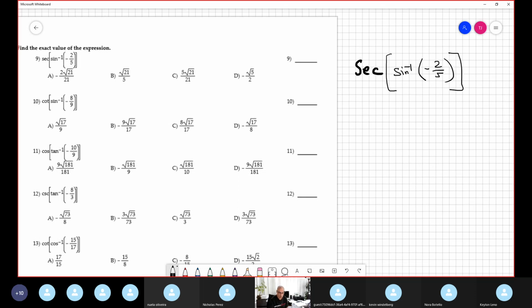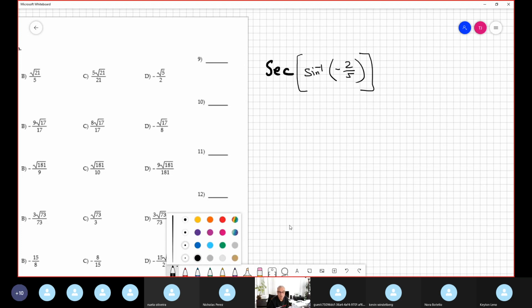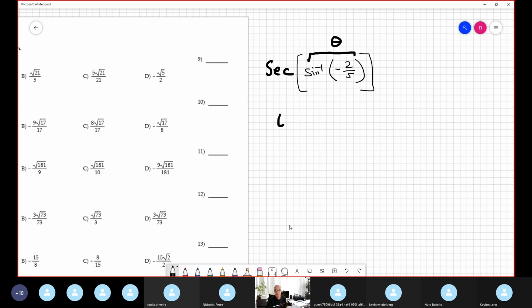Okay, this is different because this is the sine inverse inside, no? Therefore, this answer is angle theta. And by the way, in what quadrant do you believe this angle theta can lie?